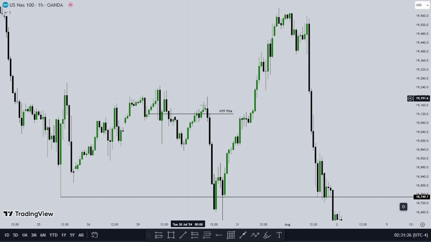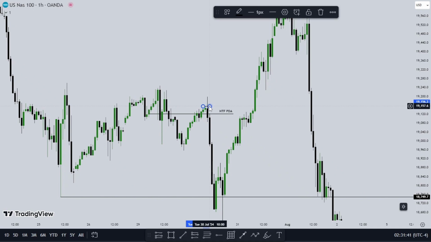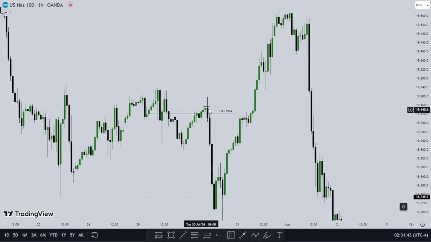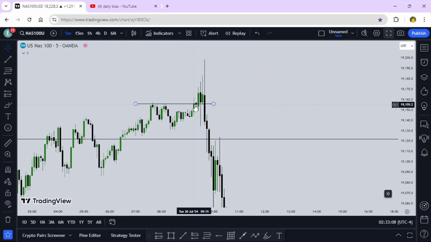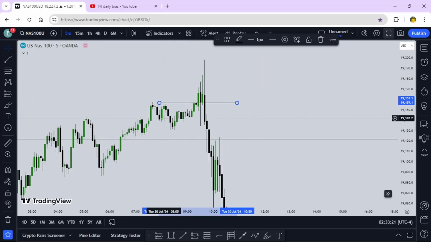The candlestick on the left is the 8 o'clock candlestick. I wait for the 9 o'clock candlestick to sweep or go above the 8 o'clock candlestick, just like that. As soon as it goes above that, I switch to M5. Here on the M5, this is our 8 o'clock candlestick high.